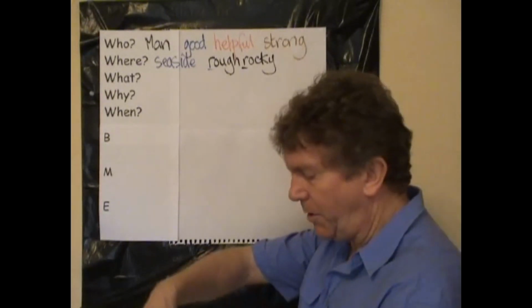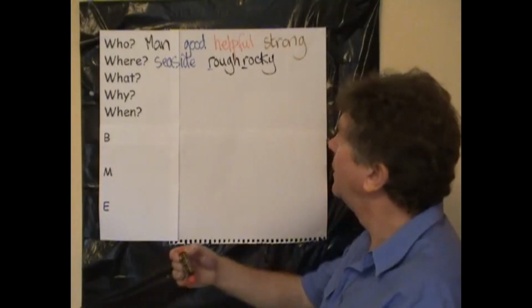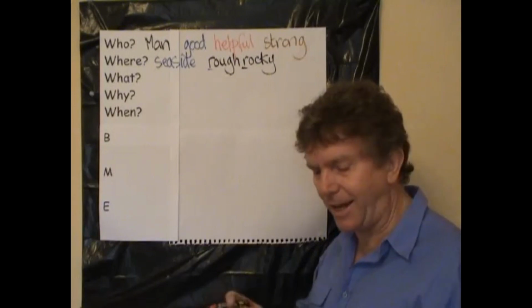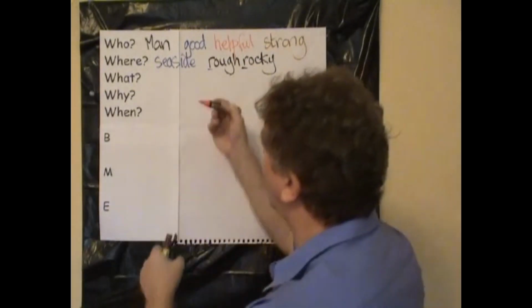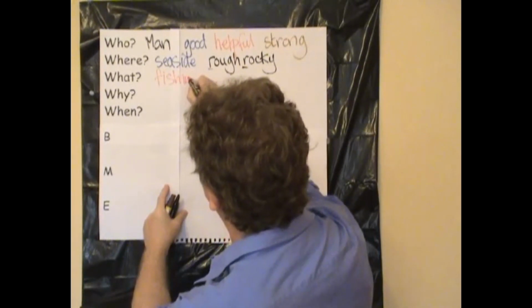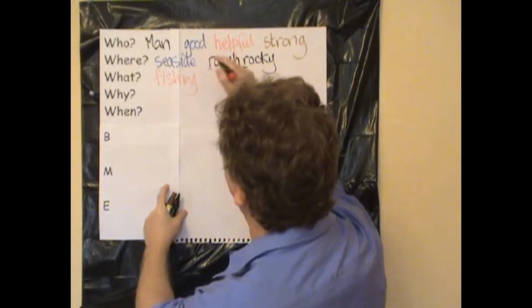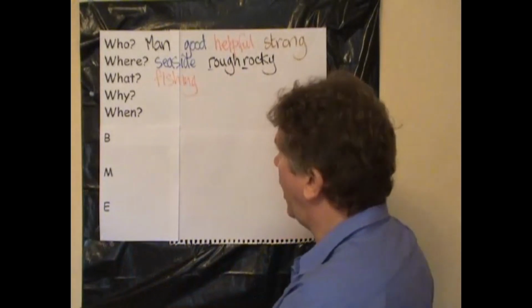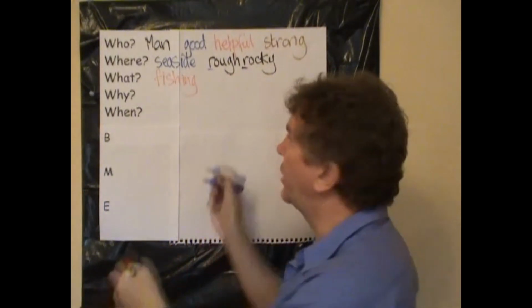Well, what could he be doing at the beginning? Well, I don't know about you, but if I was by the side of the sea, I'd probably be fishing. So he's fishing. If he's helpful and he's good, we could say that he's fishing and he's singing.